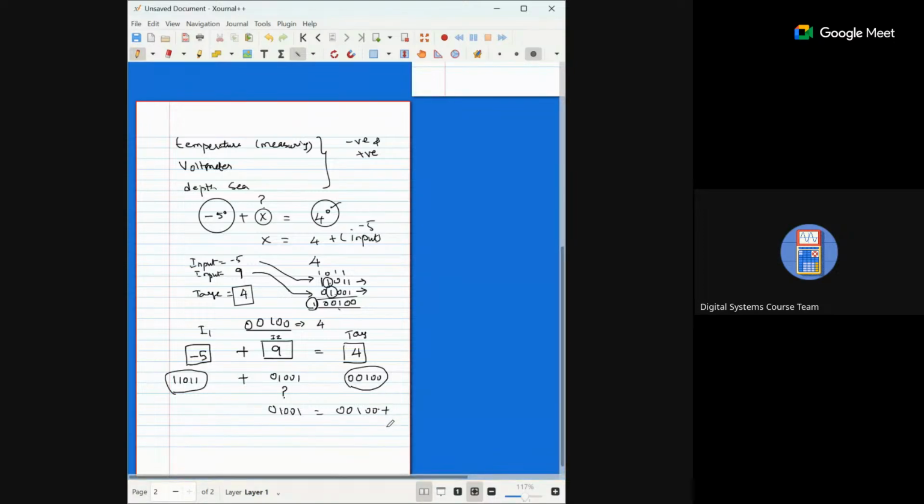What is +5? 101. So I represent it in 5-bit fashion. When I add these two numbers, I get 1 0 0 carry 1. 1 plus 1 is 0, carry 1. 0 plus 0 is 1, carry 0. 0 plus 0 plus 0, carry 0. That's it. So we get the same answer.